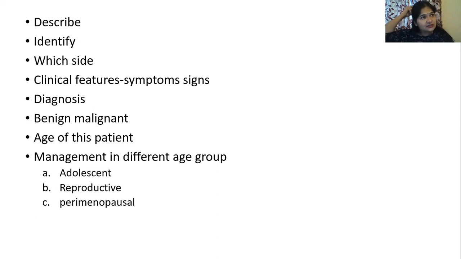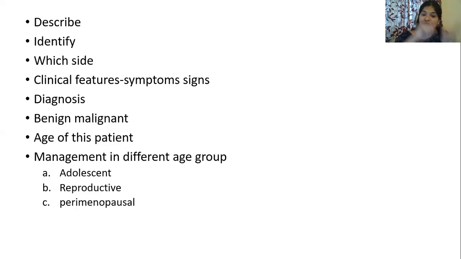So a functioning or functional cyst is the label given to a cyst which is because of the normal function of the ovary which has gone a little abnormal. So what is the normal function of the ovary? To produce a Graafian follicle which becomes dominant, then it releases the ovum, then it turns into corpus luteum, and then it shrinks.